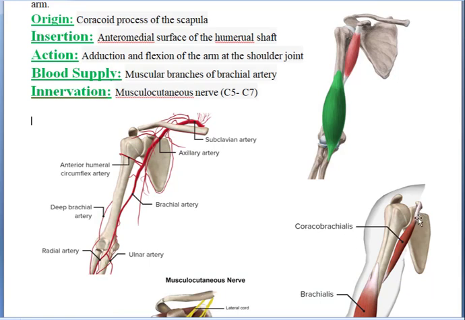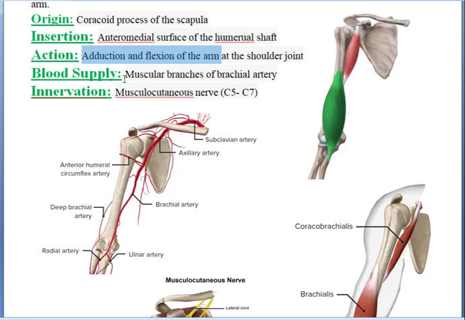Here you can also see its origin, the coracoid process of the scapula, and its insertion is in the anteromedial surface of the humeral shaft. What are its actions? Abduction and flexion of the arm at the shoulder joint.